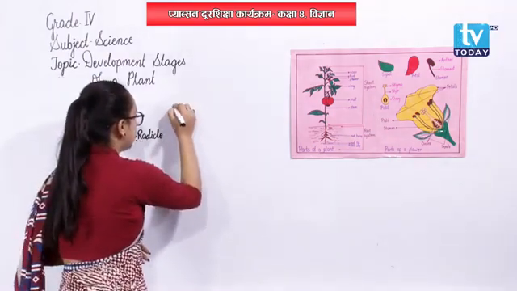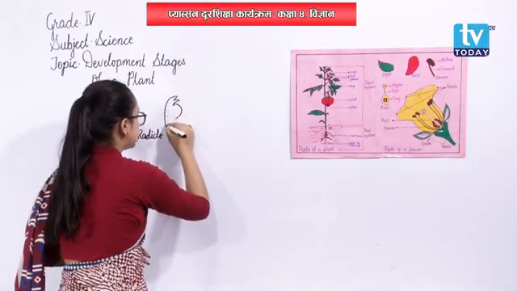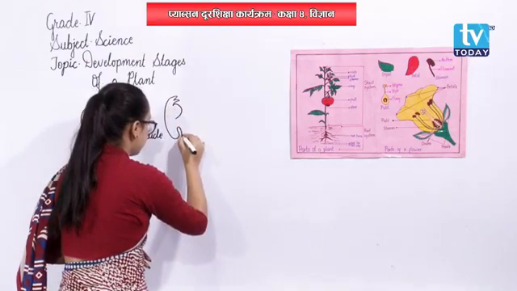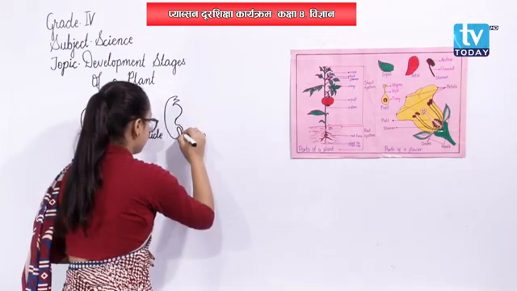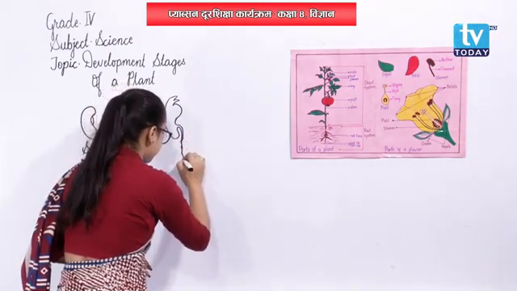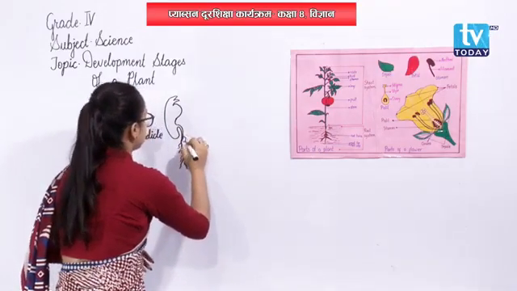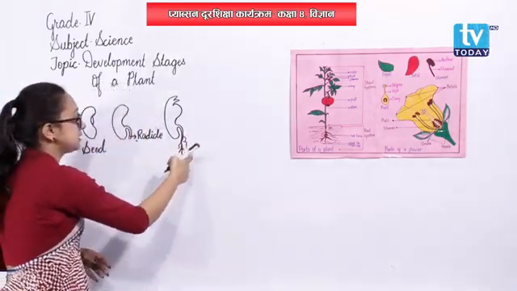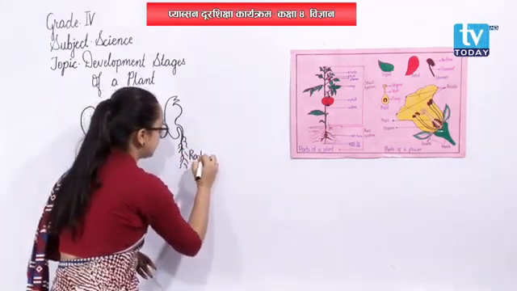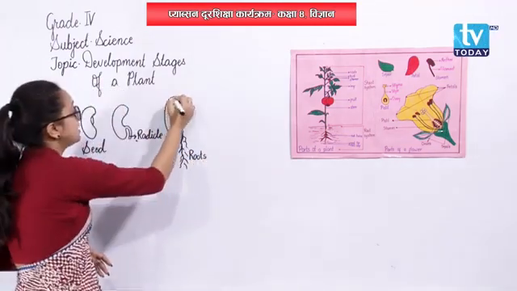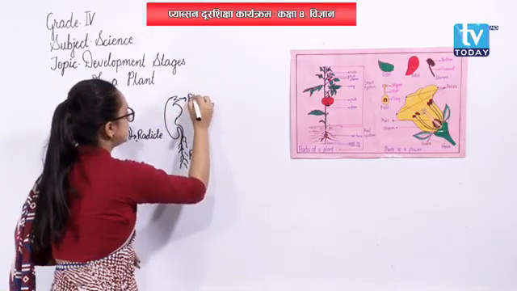After some time, the next structure appears from the tip of the seed itself. This structure is the radicle that has been growing into roots, and the structure that has appeared from the tip of the seed is known as the plumule.